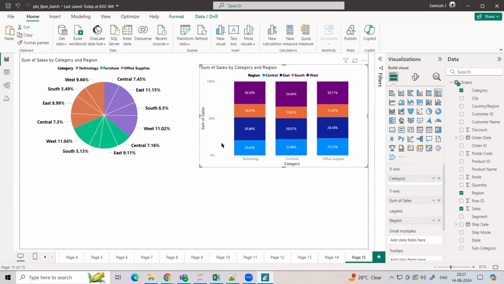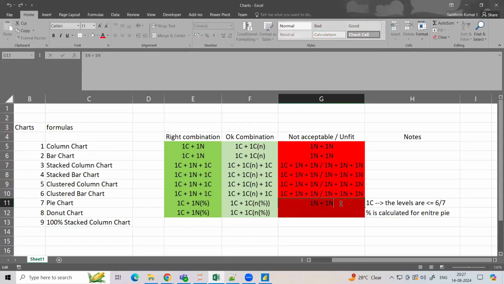Now, let's go and write the formulas. So this one was not suitable: 1N, also 1N.